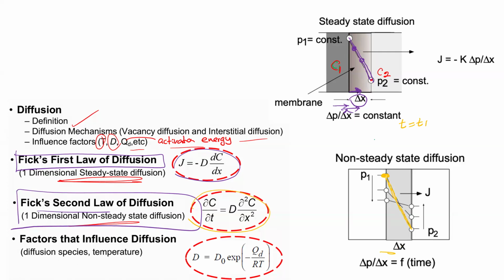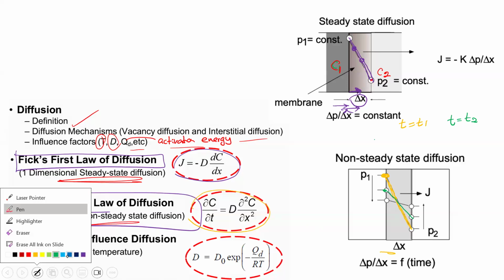This is when the time equals T1. If we consider after some time, maybe the time equals T2, the concentration is changing like this. So you can see the concentration is changing not only with x, it is changing with the time as well. Does that make sense?